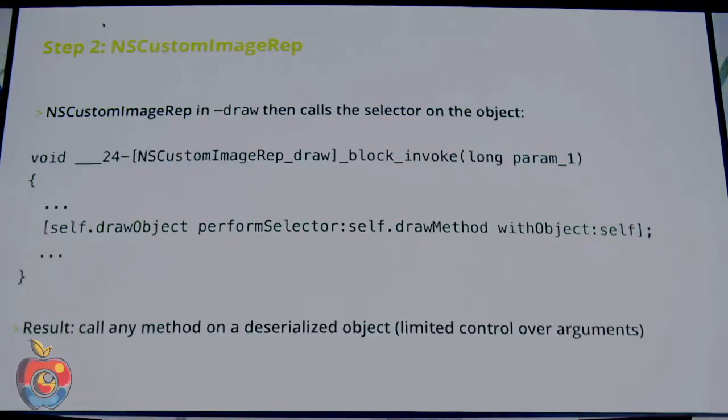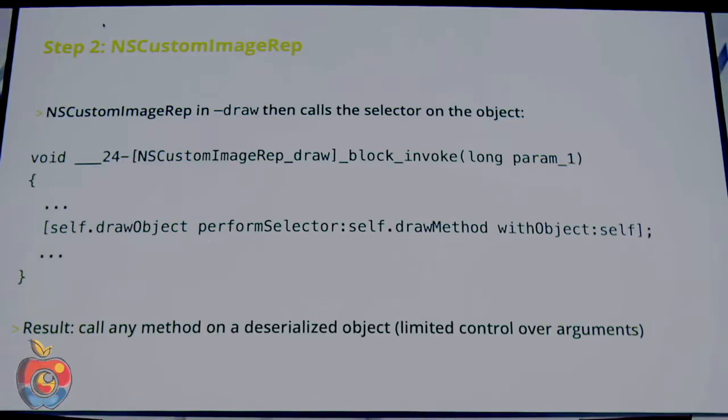And when you call this draw function, it will perform the selector that it decoded from the archive on the object that it also decoded from the archive, passing itself as the first argument. So by combining this with the previous one, by creating a binding to that draw method, I was then able to call arbitrary methods. Although I did not have any control over the arguments yet, I could call these arbitrary methods on objects that I deserialized.